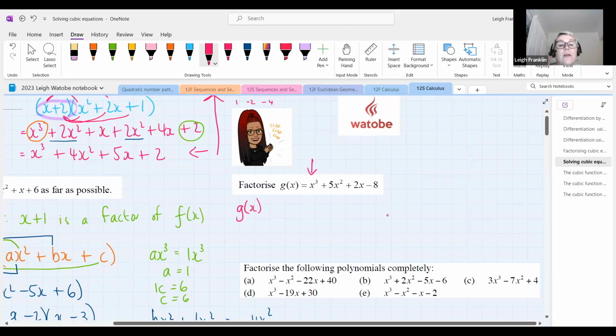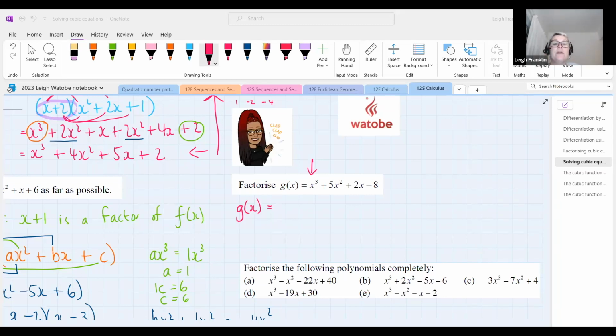Now remember, when we talk about our answer, there are people that may have got a different linear factor to you, so that means that their quadratic is going to be slightly different.